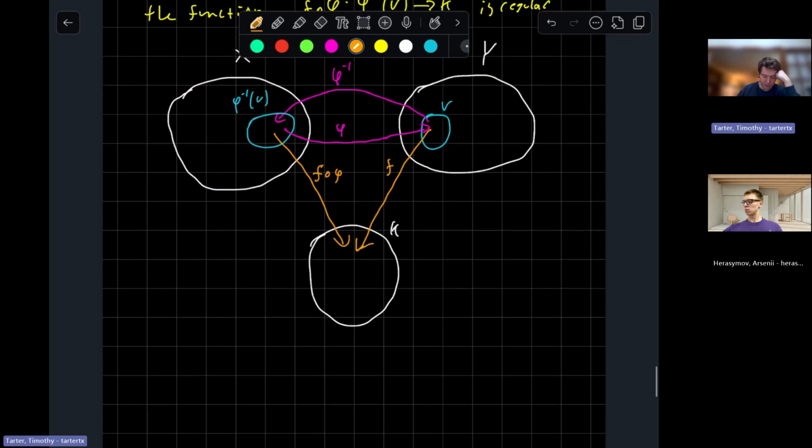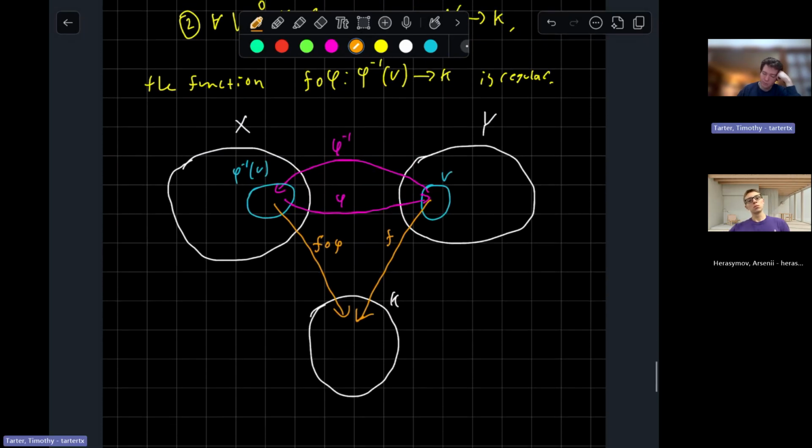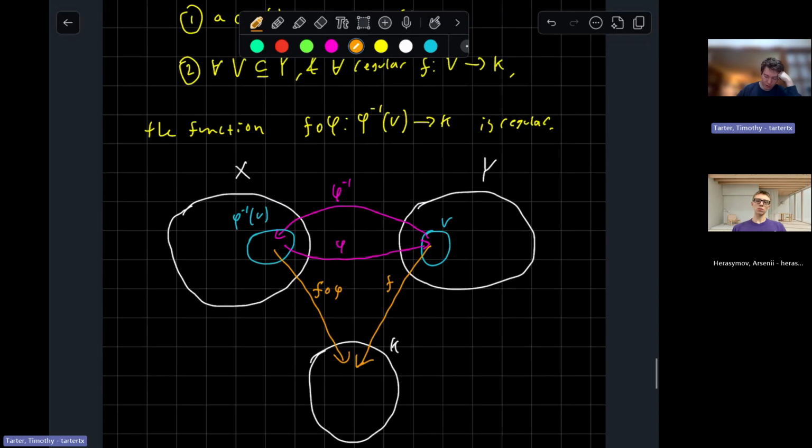And the idea is that really this commutes. So just mapping the path through here, we start in phi inverse of V, then we go into V, but then we compose with f, and we end up at f of phi.